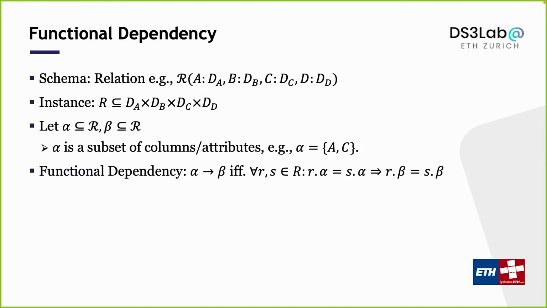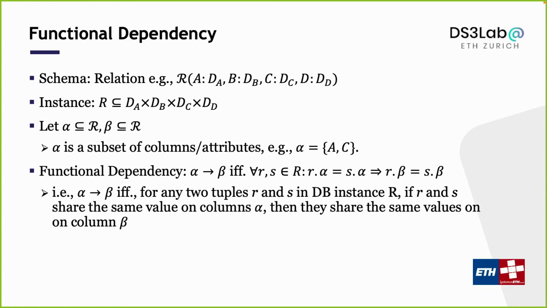Or there's a functional dependency from alpha to beta. And you write that in this notation: alpha followed by the arrow and followed by beta. So essentially, if alpha decides beta, then for any 2 tuples in R, you have this relationship.